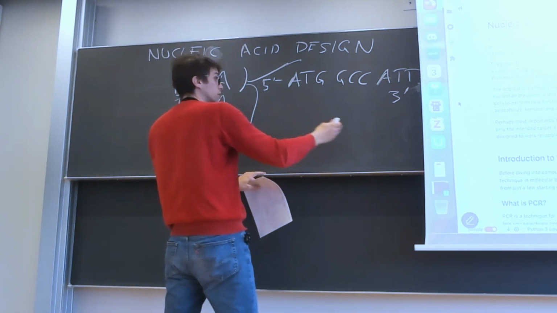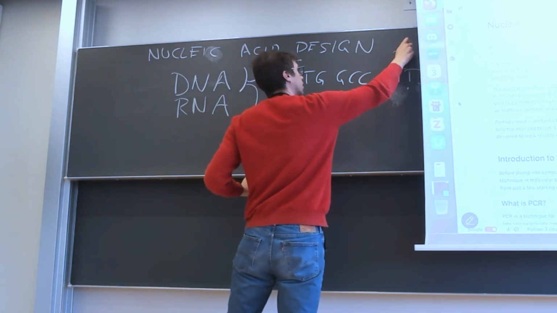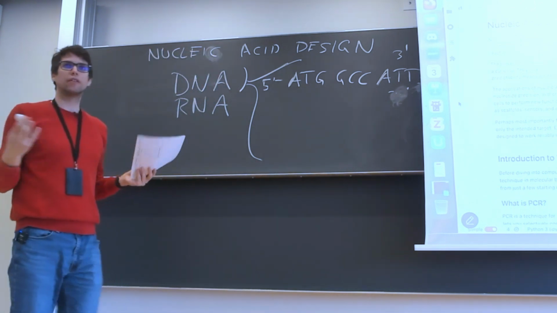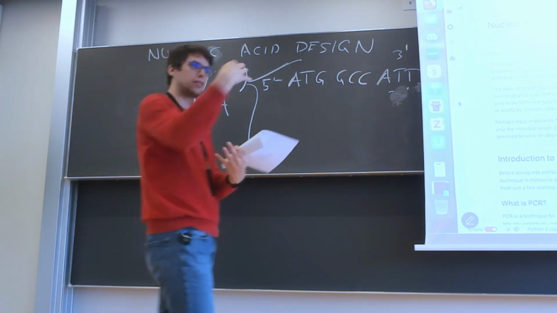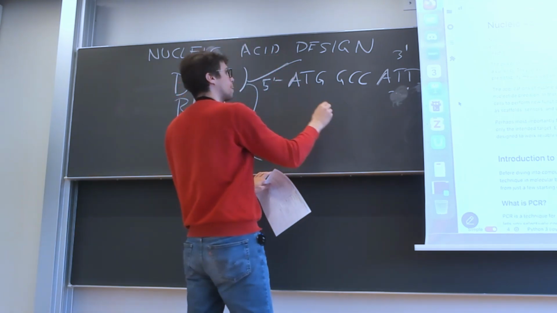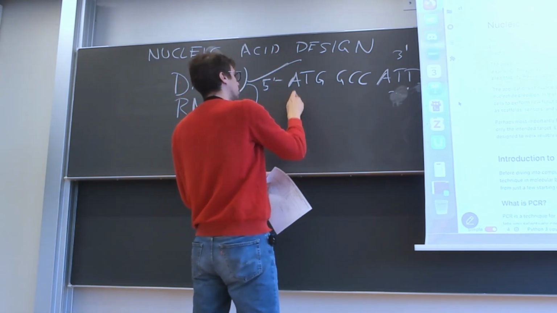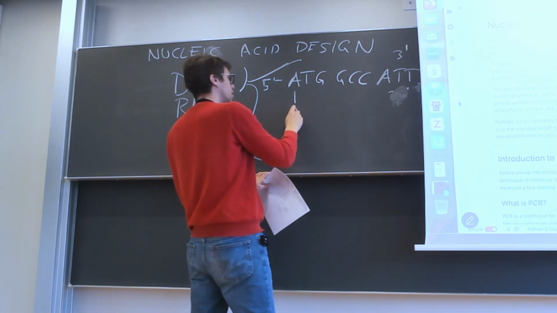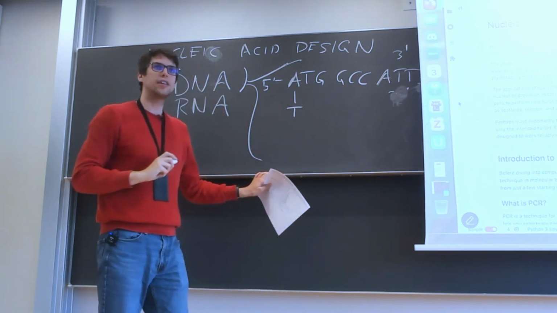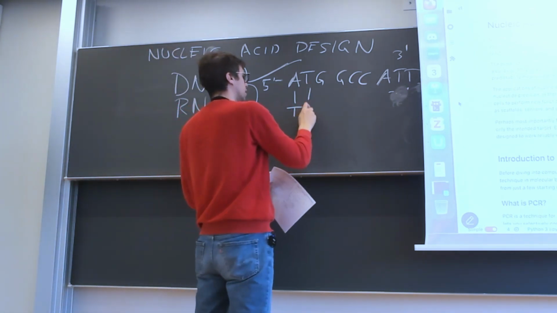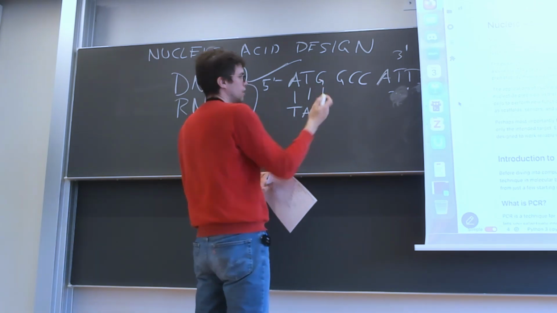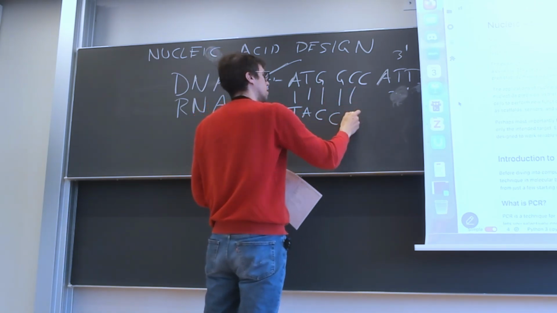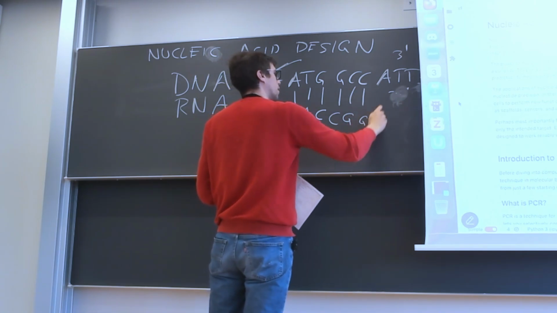Okay, and I guess you know that DNA is most often not just a single strand, but a double strand. There are these helixes that form, and maybe you also know what pairs with what. The T tends to pair with the A, and the G tends to pair with the C, and of course in the other way as well.